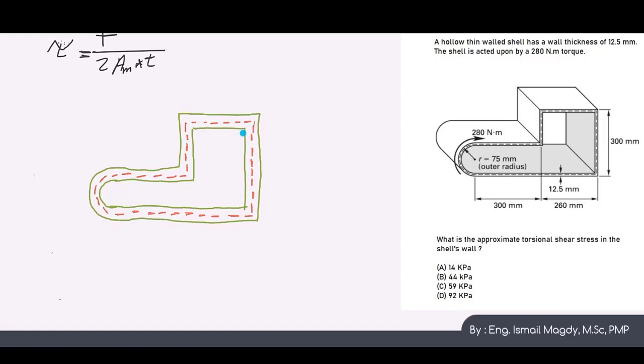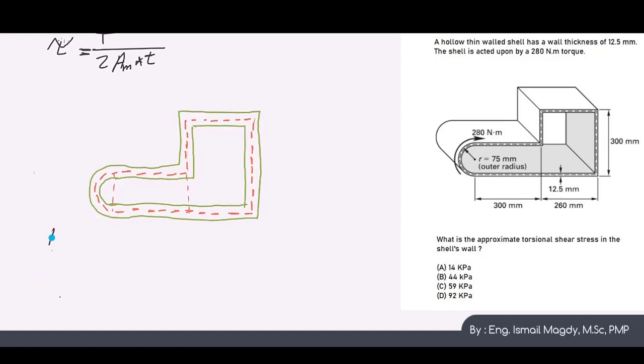So now I want to calculate the area inside this dotted red line. I will calculate the area for each shape separately. I will calculate first for this rectangle, then I will calculate for this rectangle, then we'll calculate for this half circle.